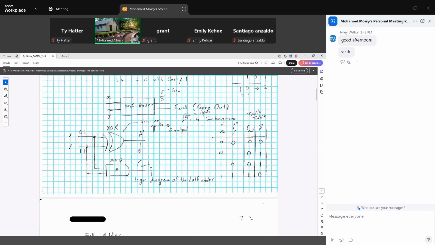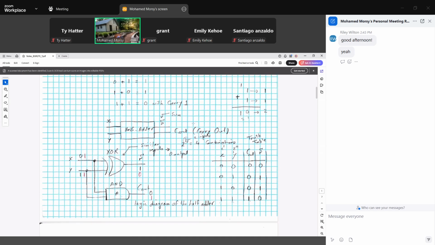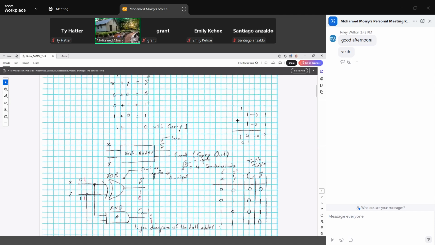So simply, the block diagram for the half adder: x and y are inputs, and the output is the sum, associated with another output, the carry out, C out. Because we mentioned, 0 plus 0 is 0, the sum is 0 with carry 0.